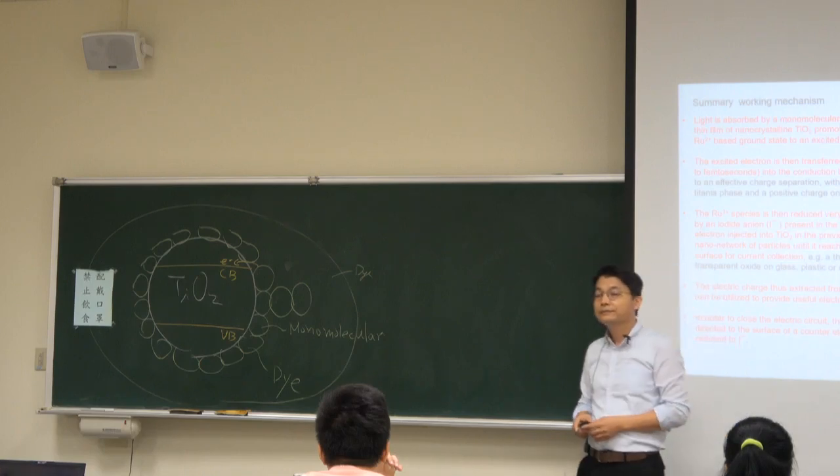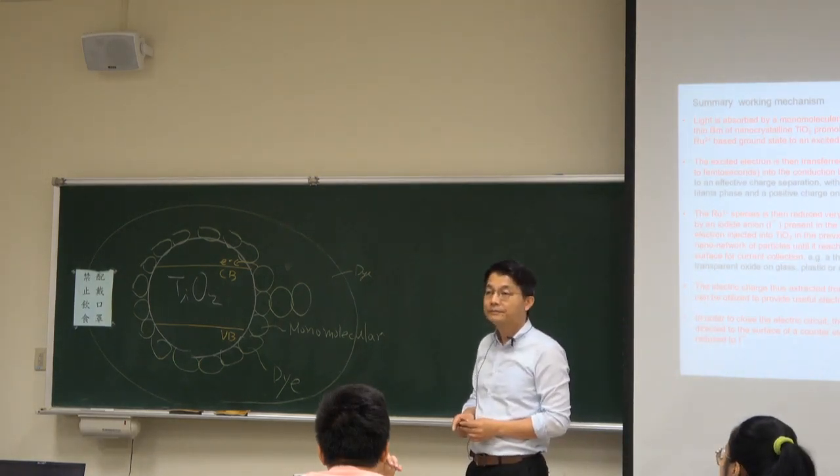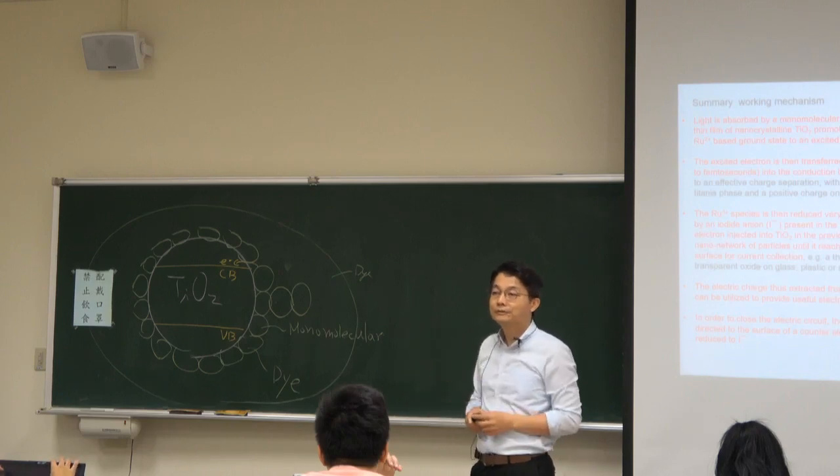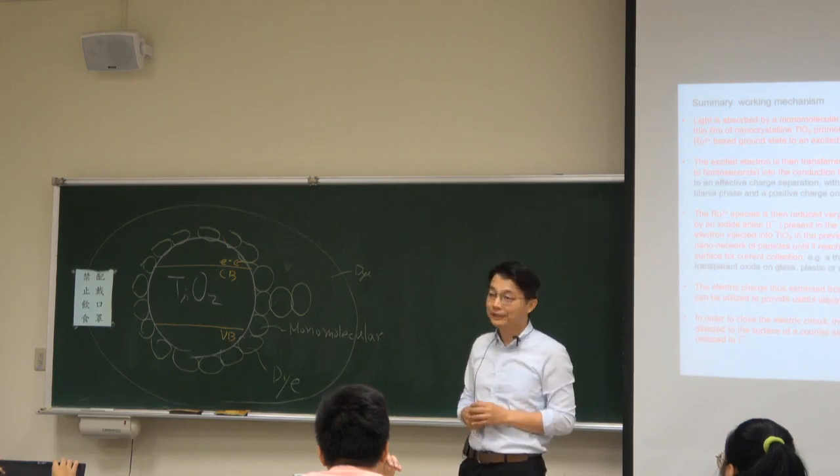Is that dye a conductor? If not, the dye in the outer layer will not conduct the electron into TiO2. Yeah, I think mostly, 99%. Okay, you get the point.